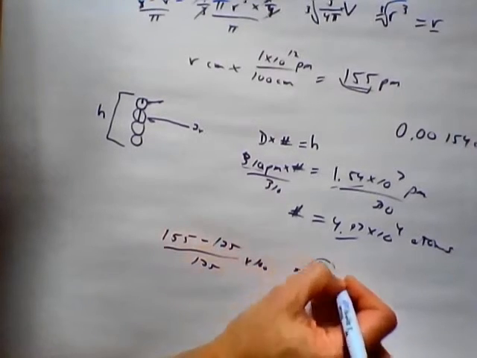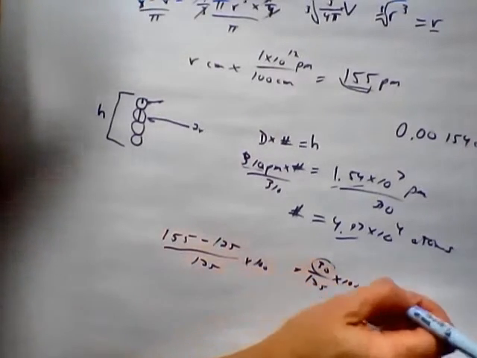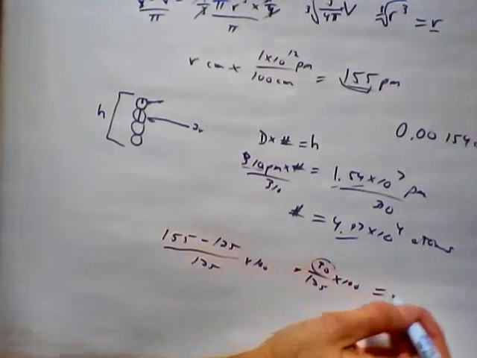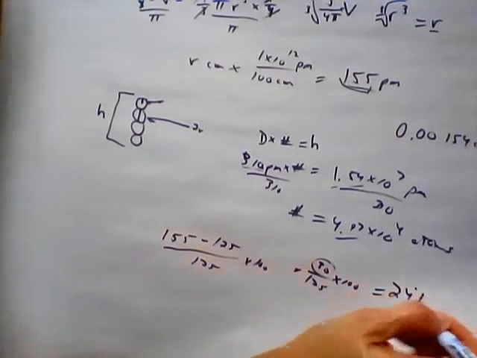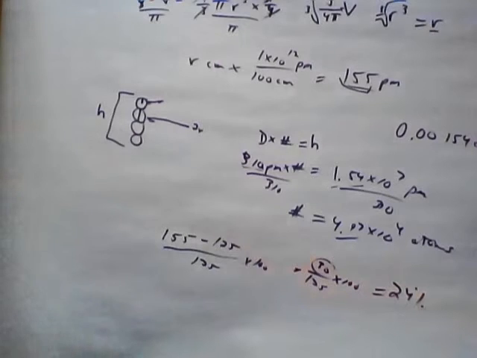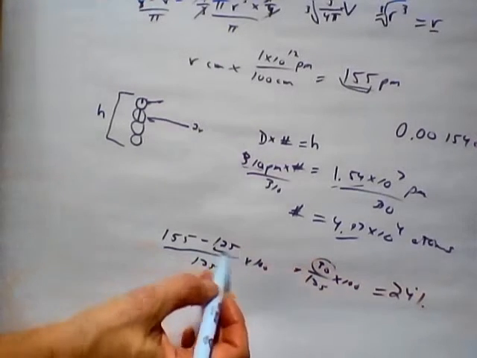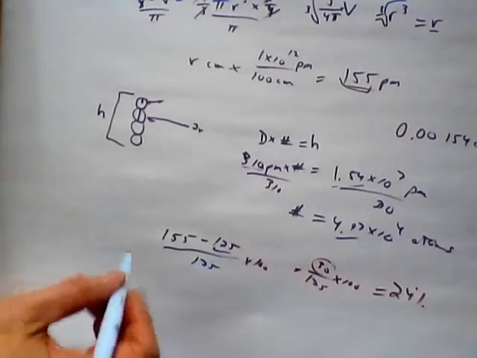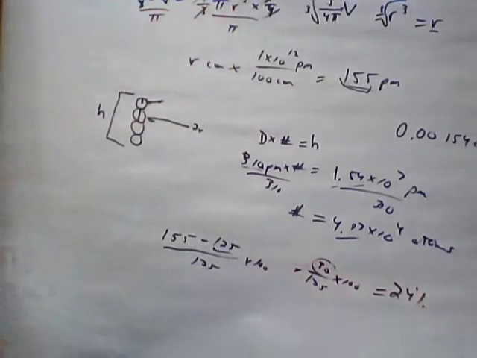I'm down to two significant figures, times 100, and that gives me 24%. So it's not the greatest, but it's not the worst. And if you were watching your units and careful, since most of us went wrong with algebra and units, we're at least in the same order of magnitude for our experimental value.